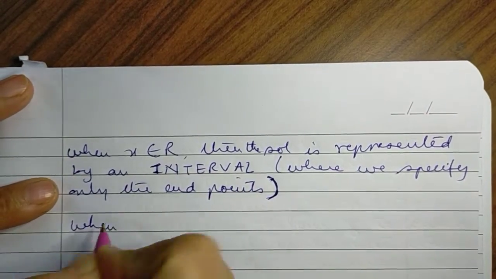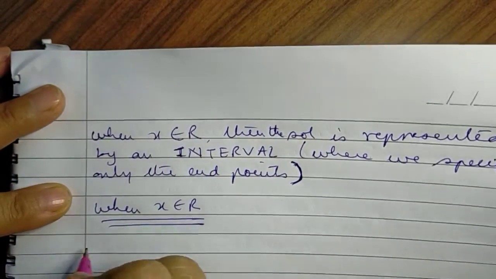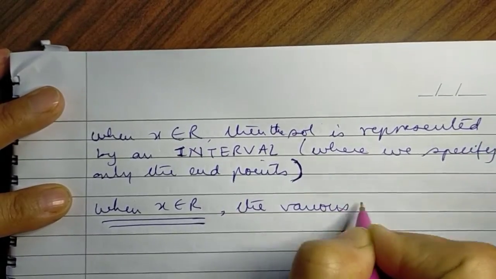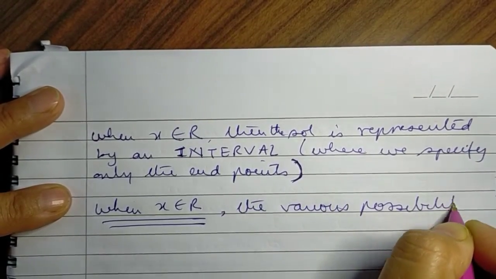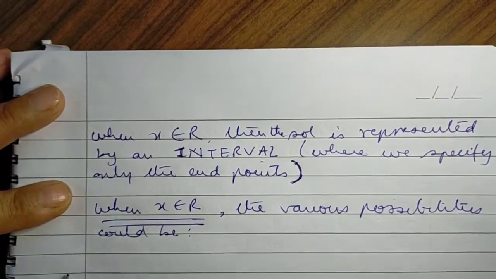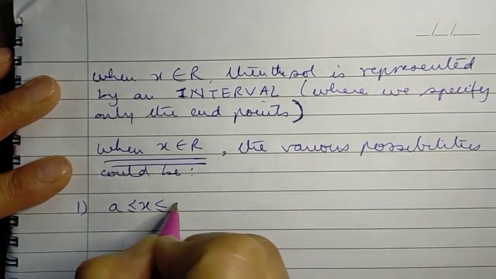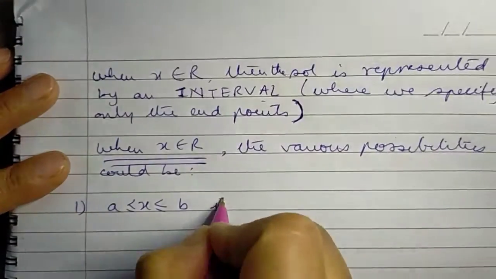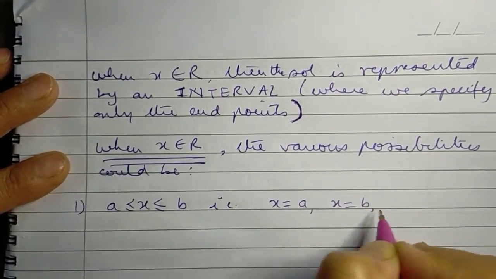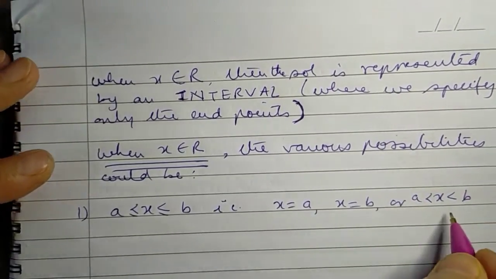So when x belongs to R, the various possibilities could be, first is that x lies between A and B. That is, x can be equal to A, x can be equal to B, or x can be any number lying between A and B.